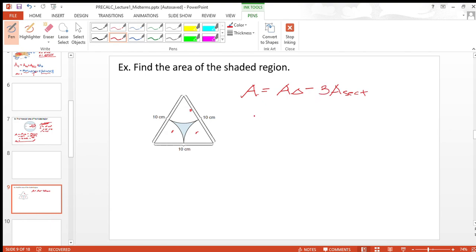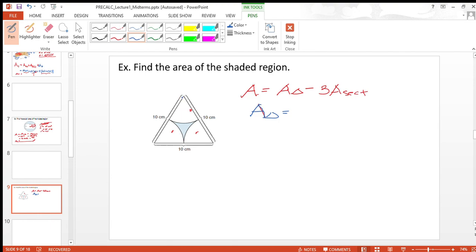So by formula, if you would like to deal with this separately, the area of a triangle, you can use 1/2 base times height. This is an equilateral triangle, which is also an isosceles triangle.